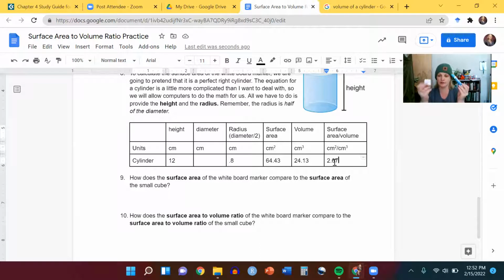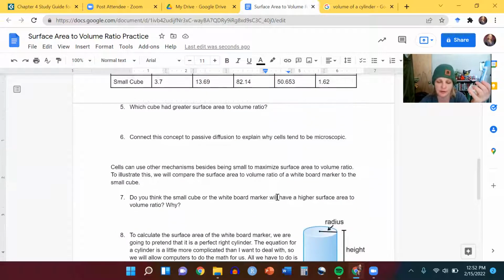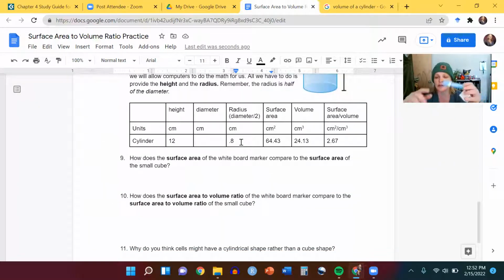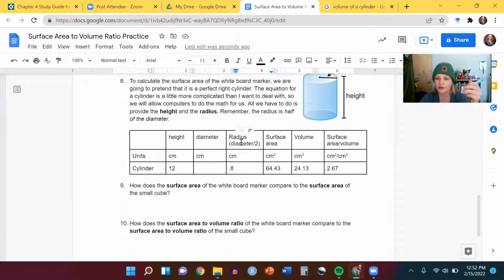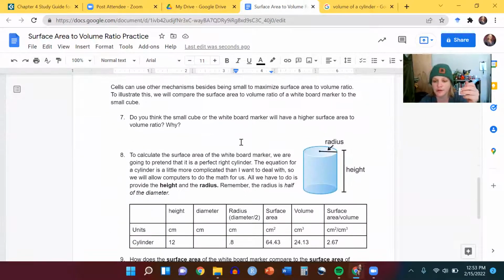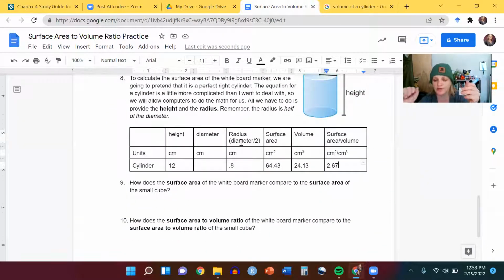So how does the surface area of the whiteboard marker compare to the surface area of the small cube? The surface area of the whiteboard marker is 64 and change square centimeters, and this one is 82 and some change. So they're kind of similar, but the ratio of the cube is 1.62, and the ratio for our marker is much larger, 2.67.